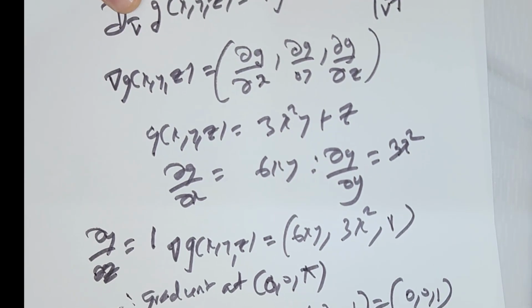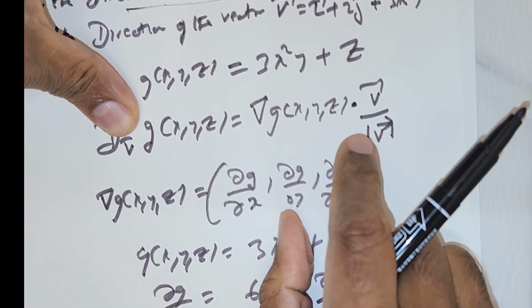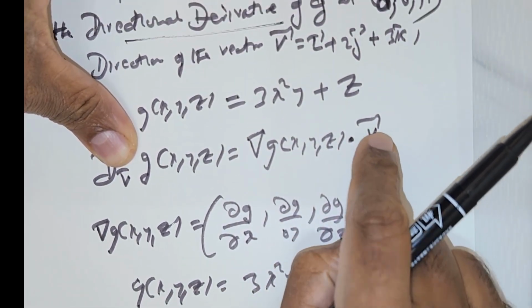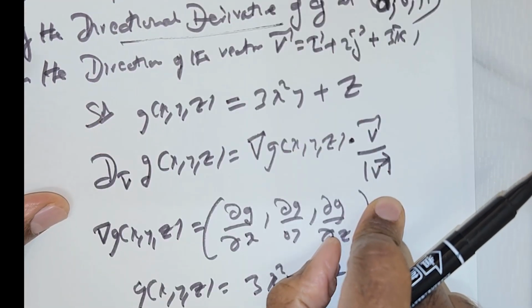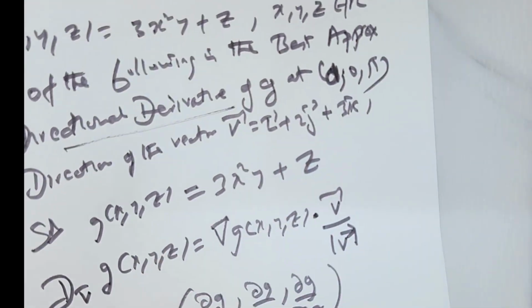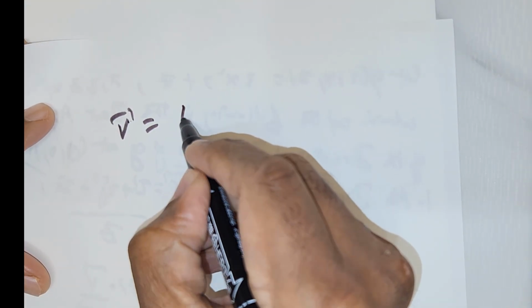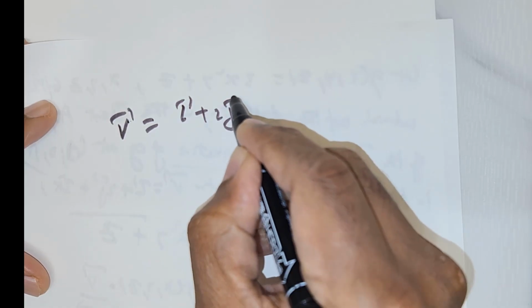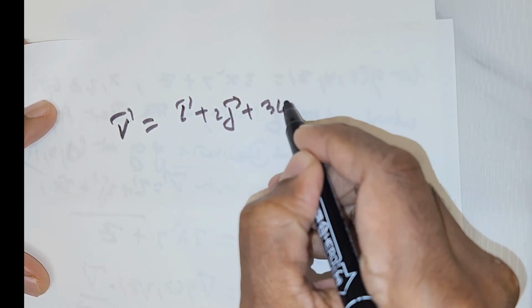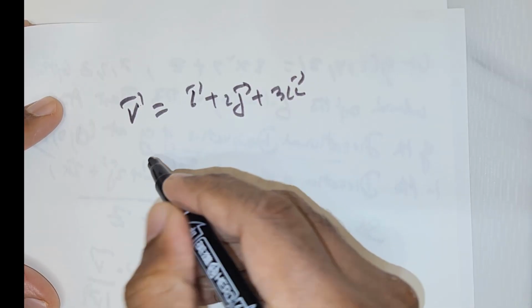Now we will have to take this value and substitute it over here, but before that we need to find v vector over the modulus of v vector. So v vector is given as i vector plus 2j vector plus 3k vector.